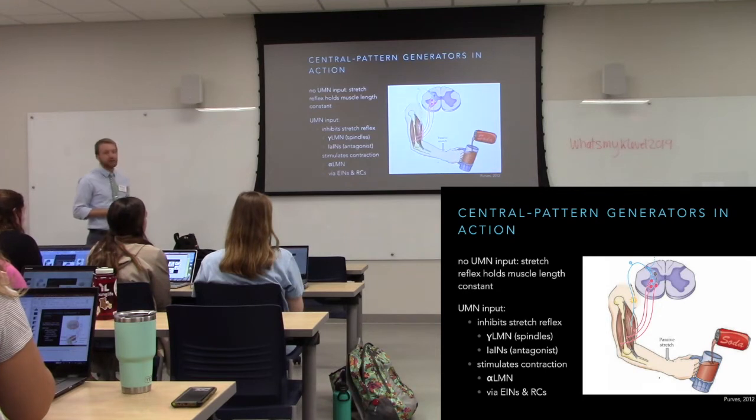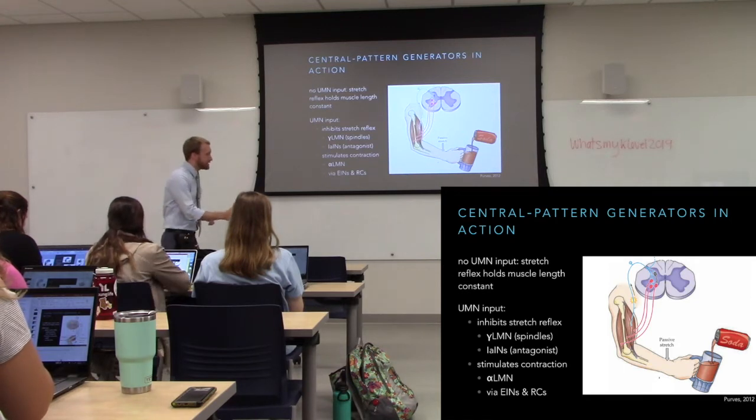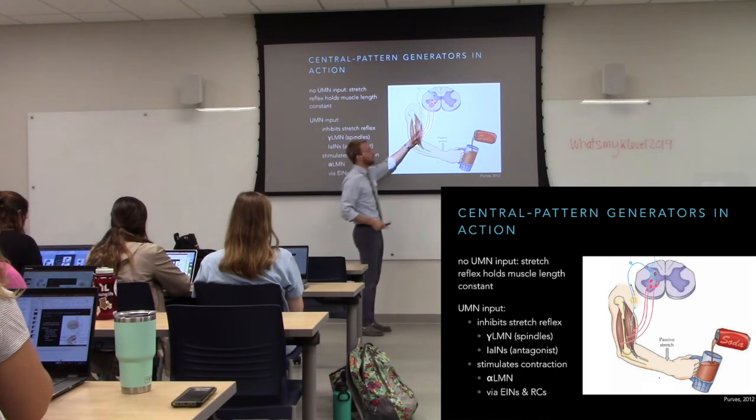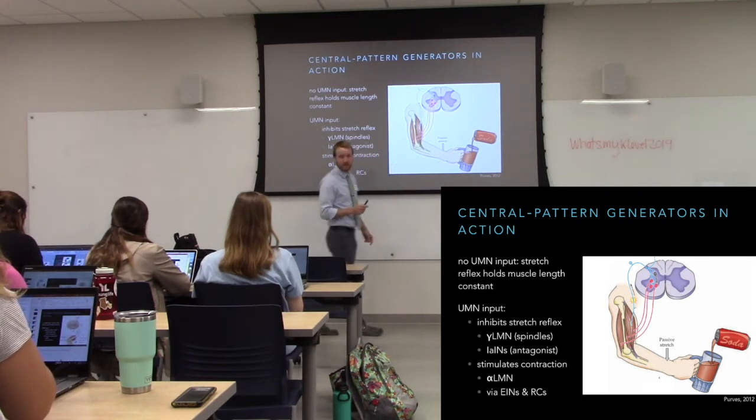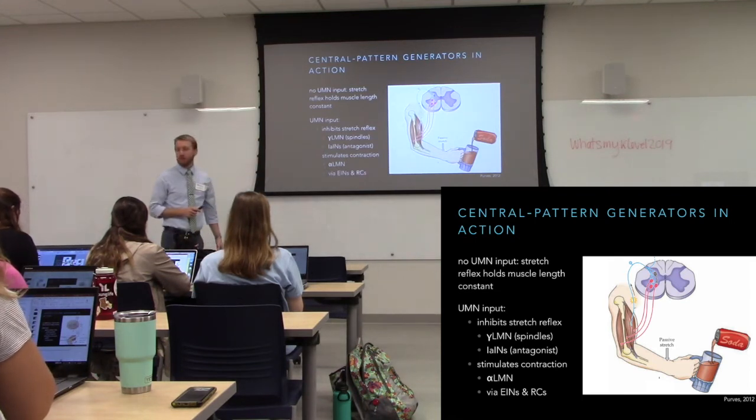So we pour a little soda in. It gets heavier. That's going to weigh down on the hand. And we're going to stretch this muscle, but we didn't tell it to stretch, now did we? No. This is a passive stretch. When we stretch, we stimulate our spindle afferents.